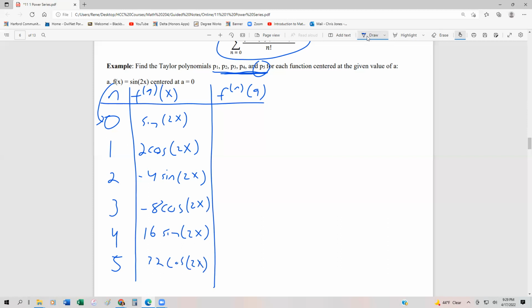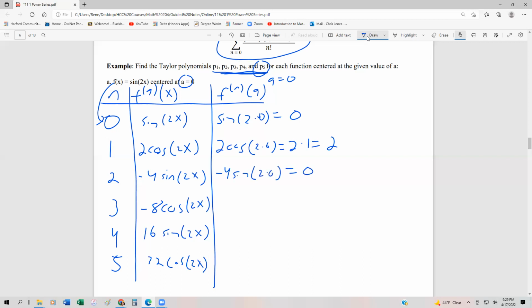Now we're going to substitute 0 back in, because remember we said centered at a equals 0. So this is sine of 2 times 0, which is just 0. This is 2 cos of 2 times 0, which is 2 times 1, which is 2. This is -4 sine of 2 times 0, which is 0.